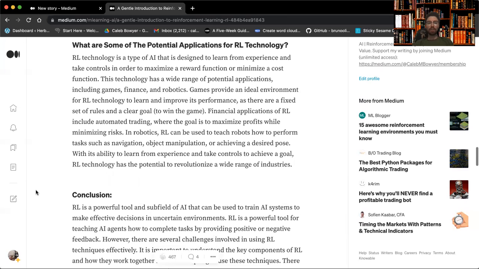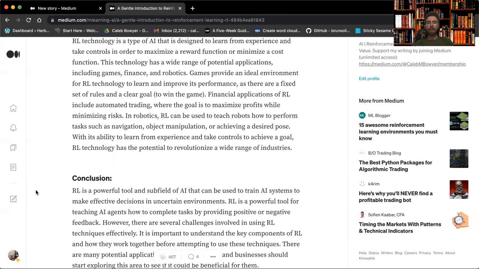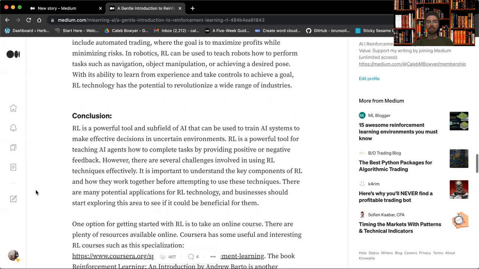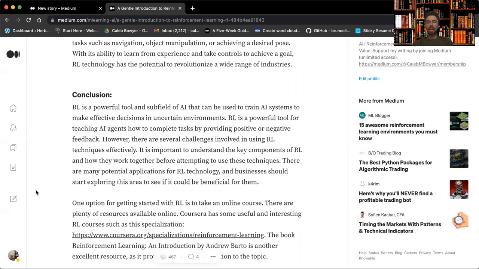Financial applications of RL include automated trading, where the goal is to maximize profits while minimizing risks. In robotics, RL can be used to teach robots how to perform tasks such as navigation, object manipulation, or achieving a desired pose. With its ability to learn from experience and take controls to achieve a goal, RL technology has the potential to revolutionize a wide range of industries.